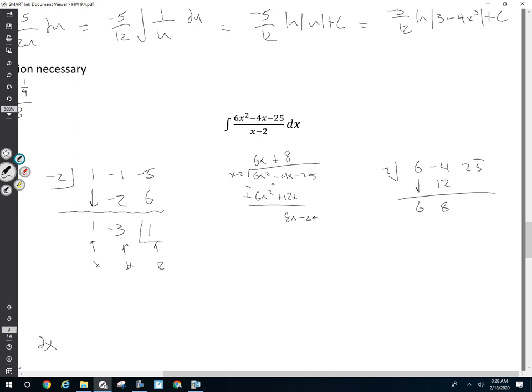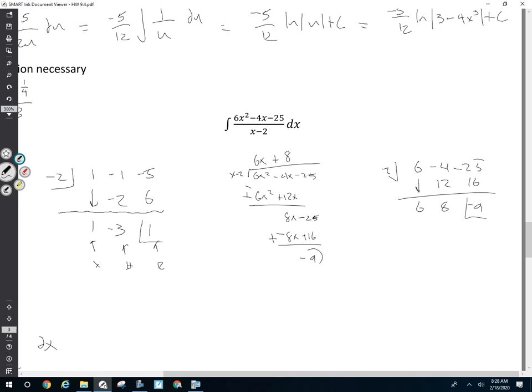8 times x minus 2 is 8x minus 16. Subtract, that's the same as adding the opposite. So 25 minus 16, that's going to be minus 9. 2 times 8, 16. There's my minus 9.